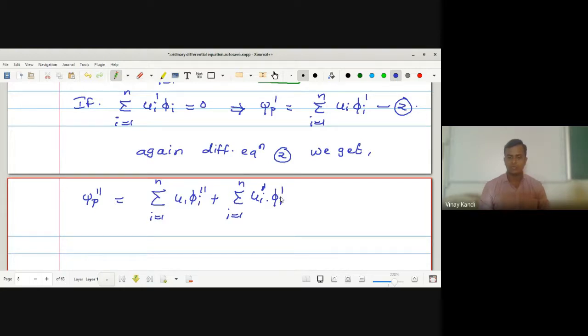Okay, now again assume this term is 0, summation i running from 1 to n ui' φi' is equal to 0. It implies that ψp'' is equal to summation i running from 1 to n ui φi''.